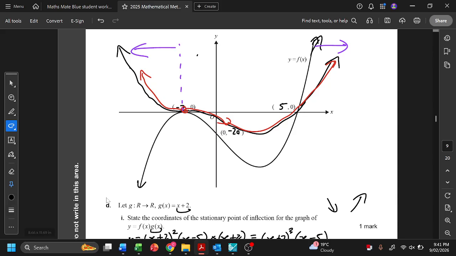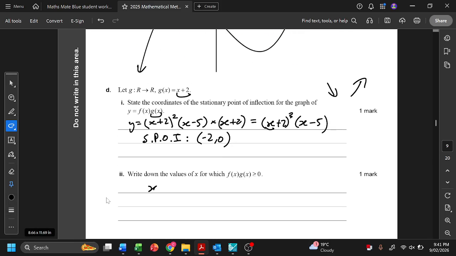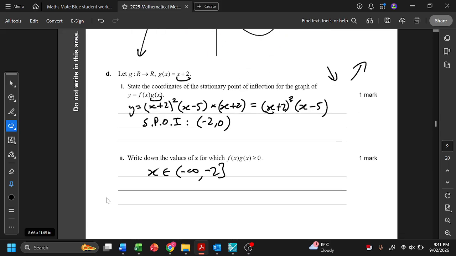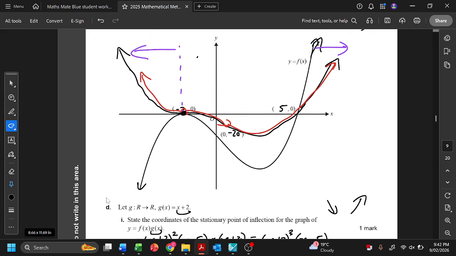Well, that first line over there is all of the x values, so x is an element of all of the x values up to and including -2. Why is it including -2? Because we've got this greater than or equal to 0. So when x is equal to -2, that's a y value of 0, so it looks like this. And we want to say all of those values, and also all of the ones over here.